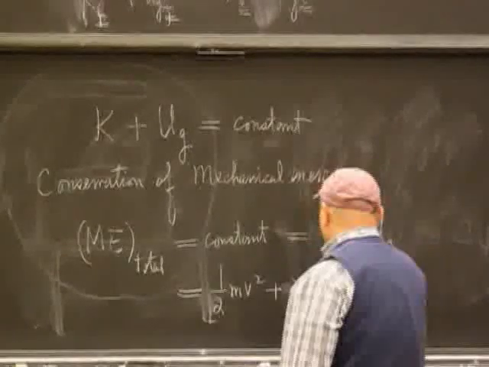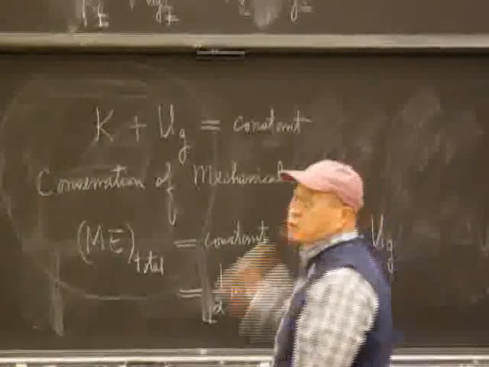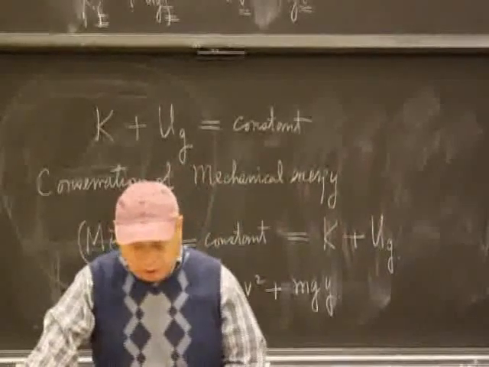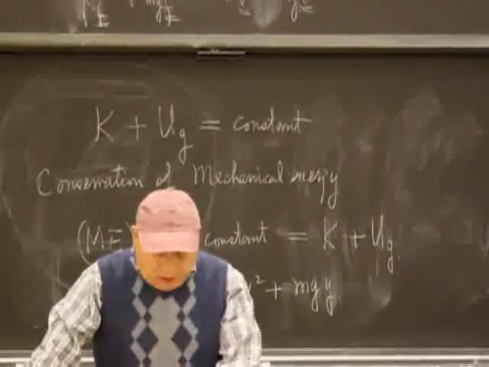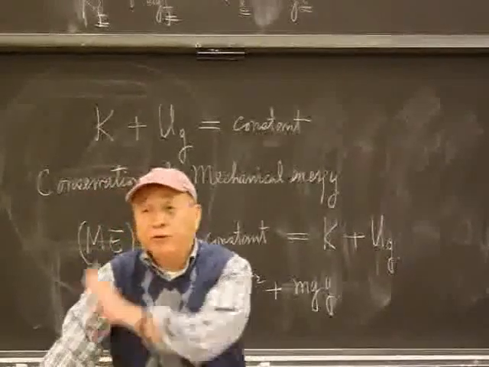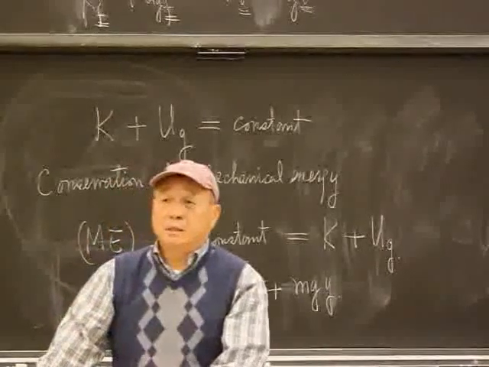In which case, 1/2 mv squared is equal to constant. This is under the gravitational laws of action. And ladies and gentlemen, there's a beautiful theory about this: conservation of energy.